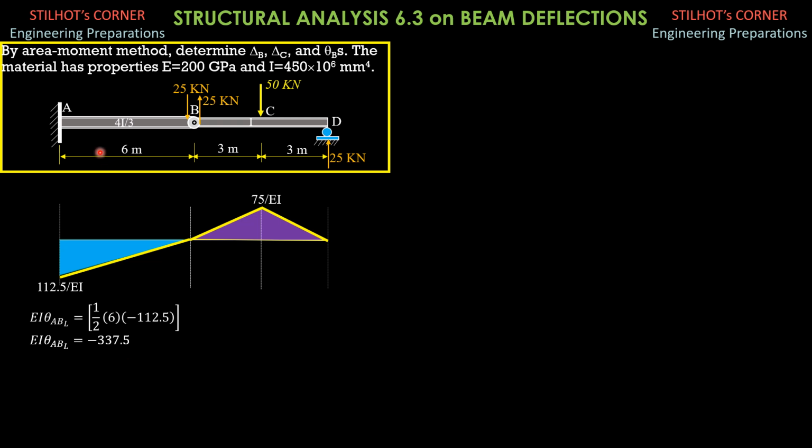It means that from the tangent at A to the tangent at B left, the rotation is clockwise. So the value of EI is 200,000 times 10 to the 6 kilopascals times 450 times 10 to the 6 mm to the 4 divided by 1000 mm per meter raised to 4. So that would be in kilonewton meter square, and that is 90,000 kilonewton meter square.